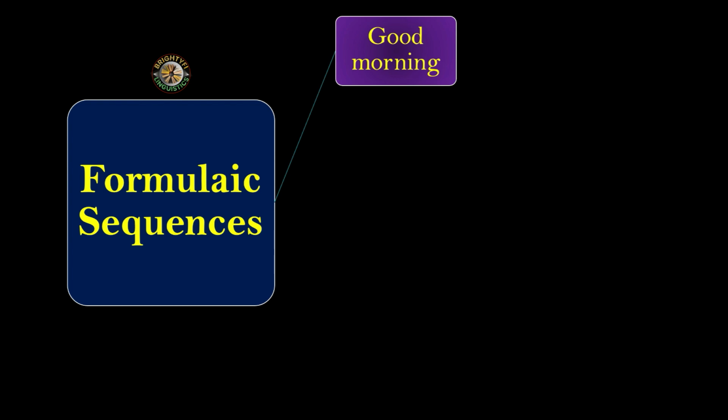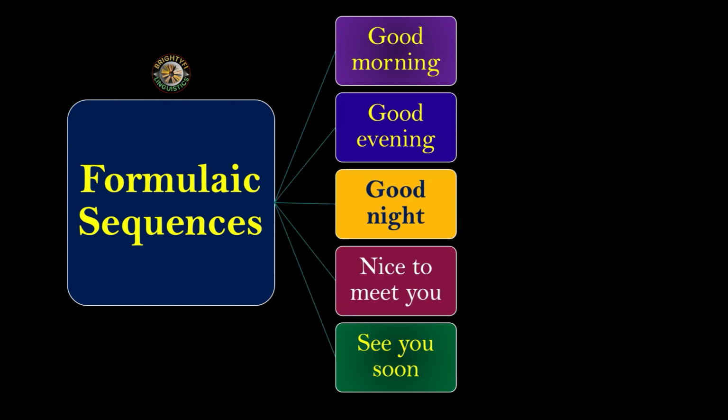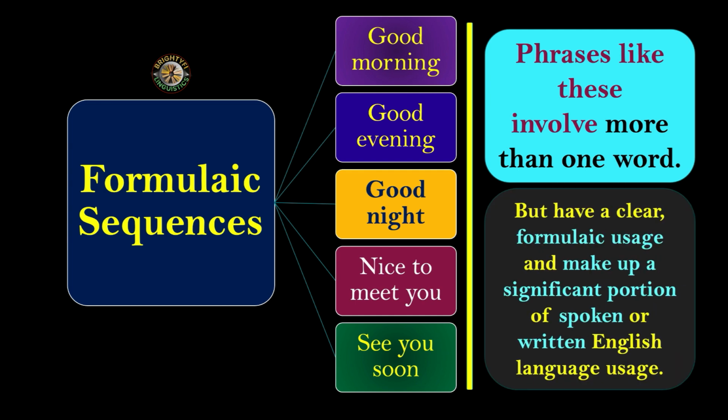We continue our discussion: formulaic sequences. As I told you, lexical chunks are also referred to as formulaic sequences. How? Let's first repeat those examples: good morning, good evening, good night, nice to meet you, see you soon. What we notice is that phrases like these involve more than one word. But what is important to notice is that they have a clear formulaic usage and make up a significant portion of spoken or written English language usage.